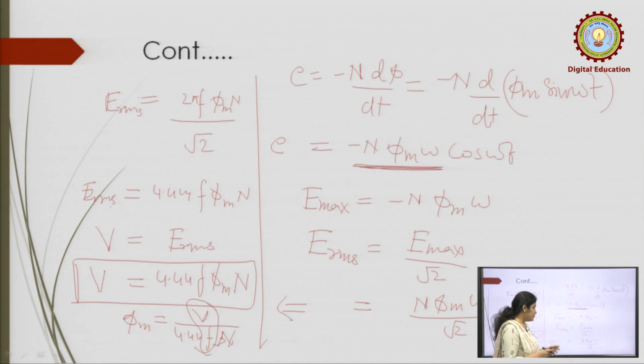Okay. So, now we will discuss the concept of magnetizing current. We will see how this BH curve behaves, and from this we come out with the concept of magnetizing current.